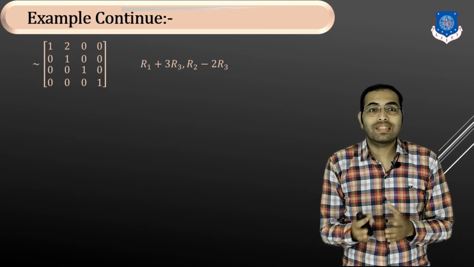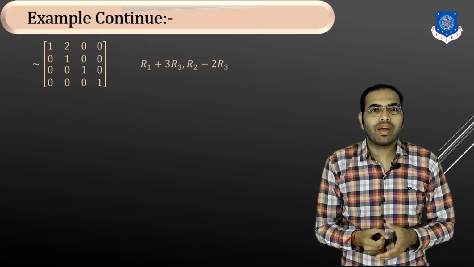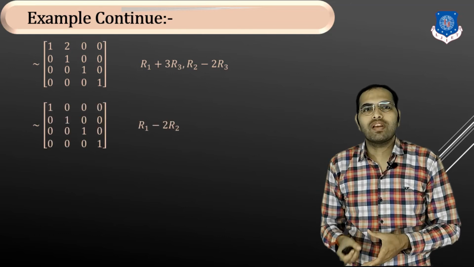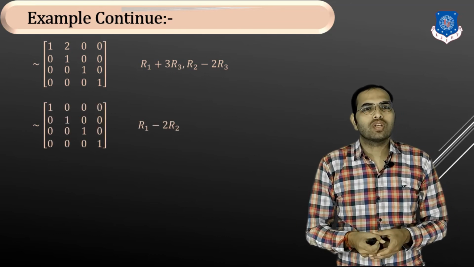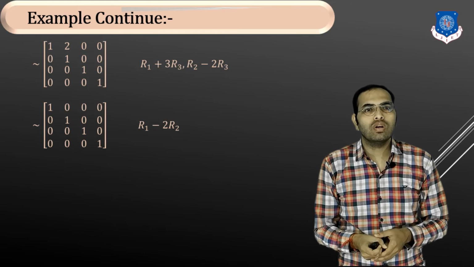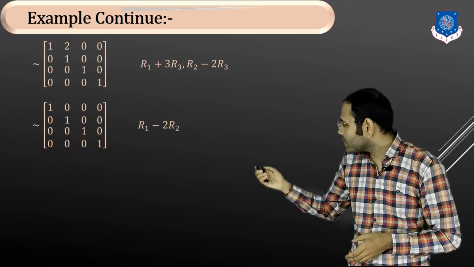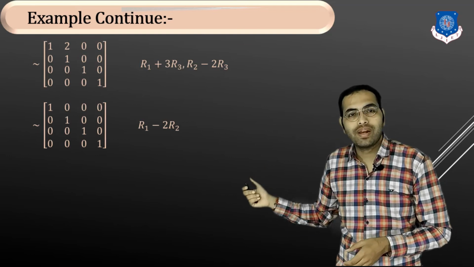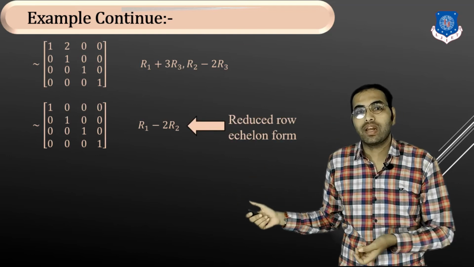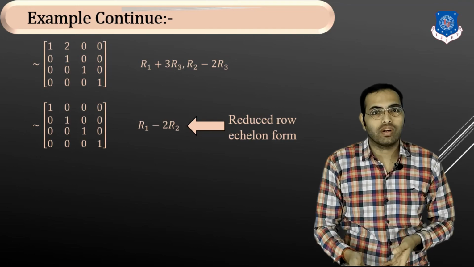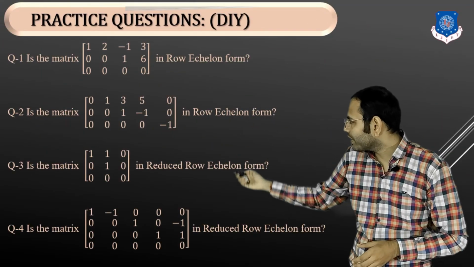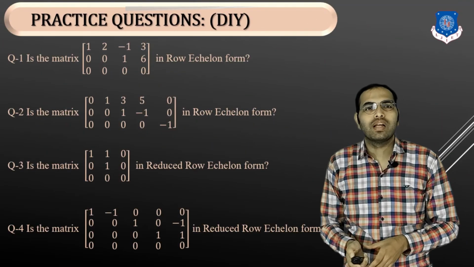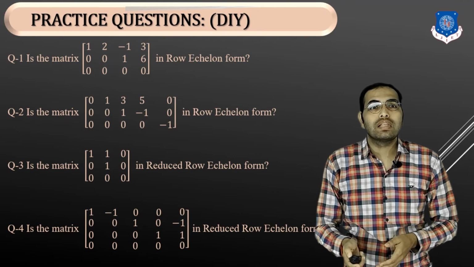Now, in the second column, R1 minus 2R2 will give you 1, 0, 0, 0, 0, 1, 0, 0, 0, 0, 1, 0, 0, 0, 0, 1. That is our reduced row echelon form, or the identity matrix of order 4 by 4, also called the I form. This is all a practice example, so try it yourself.